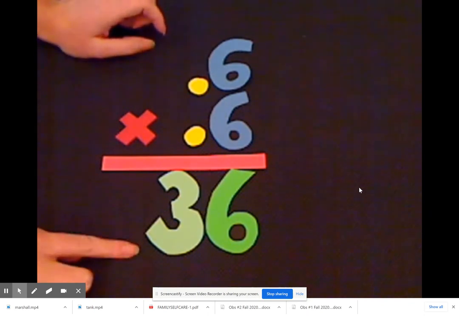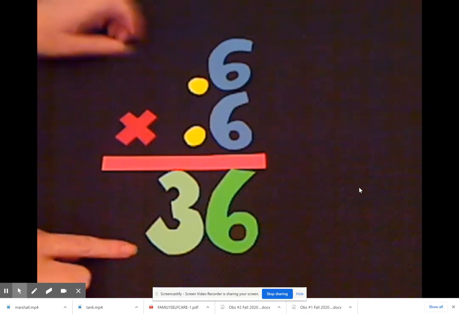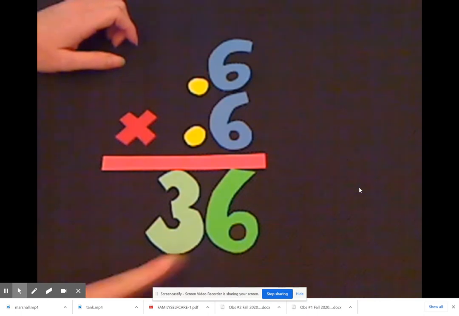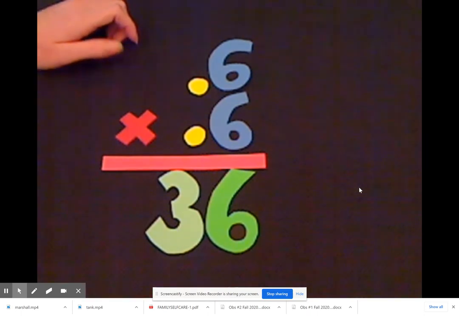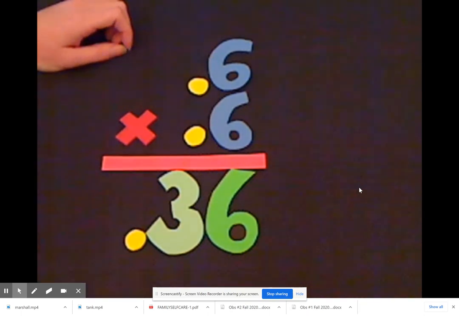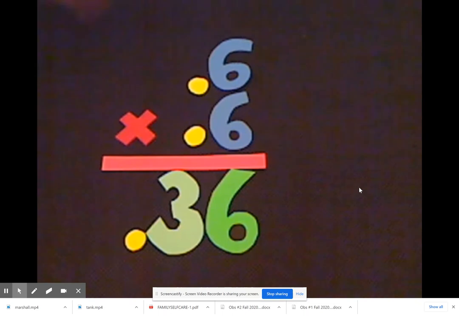So we should have 2 digits to the right of the decimal point in our answer. We're always going to start counting over here. 1, 2. We have 2 digits down there, so that means we can just place the decimal point right in front of those 2 digits for a final answer of 0.36, or 36 hundredths.